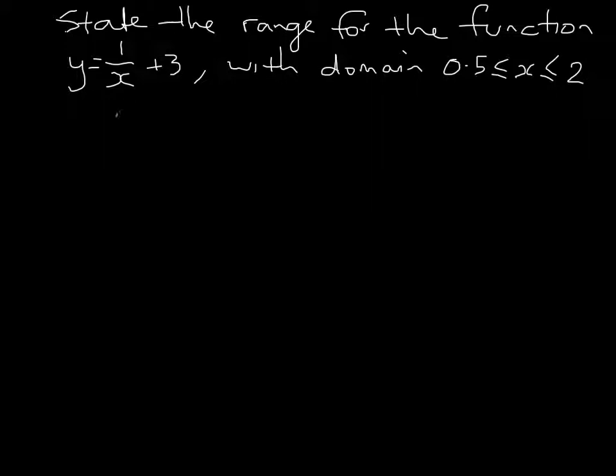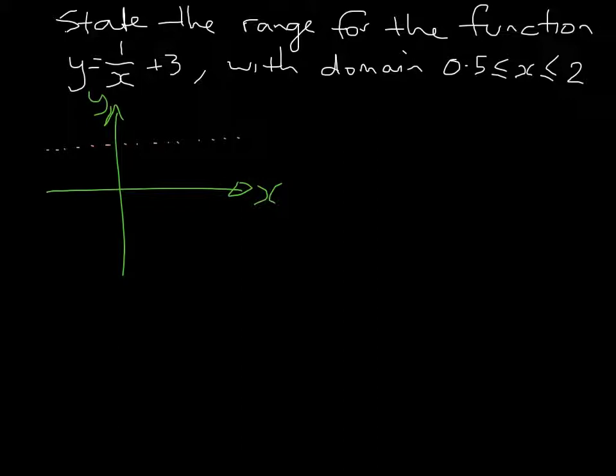So what this graph is going to look like, x and y, is it's been shifted up by 3, so we will have an asymptote going through there at y equal to 3, and the graph will have a shape as it comes down. Going something like that.